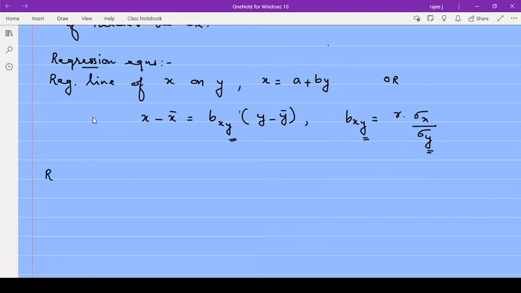Similarly, the regression equation of y on x will be y is equal to ax plus b, or a plus bx, or you can use any other letter instead of a and b. Okay, a and b are just two constants.